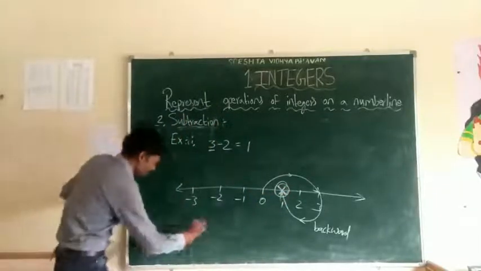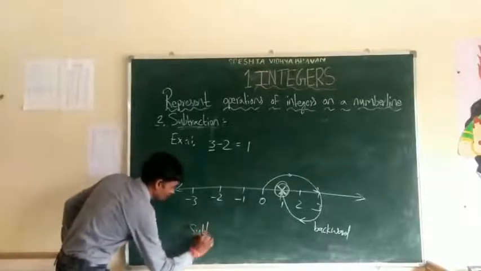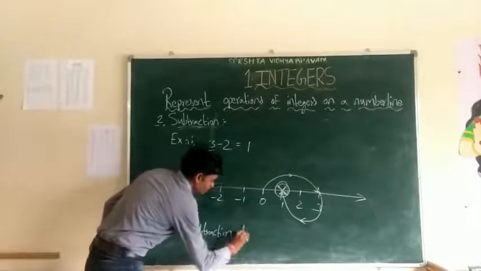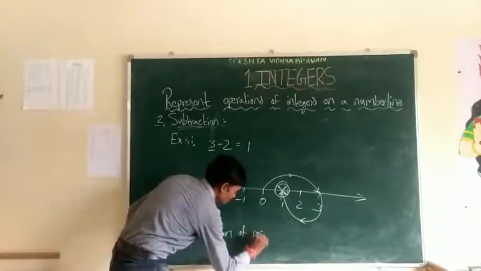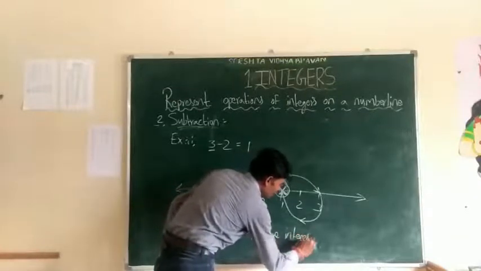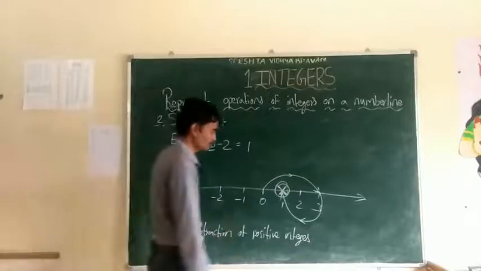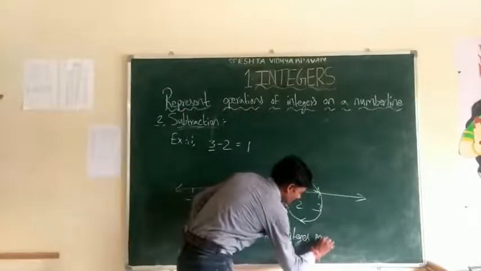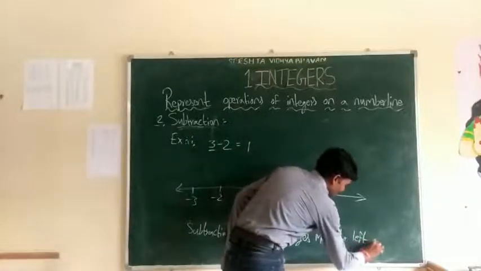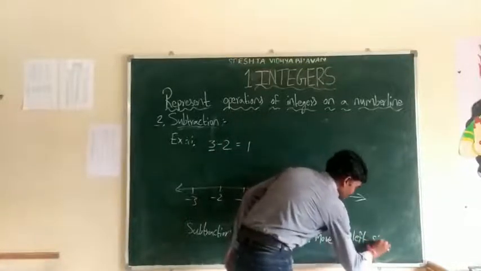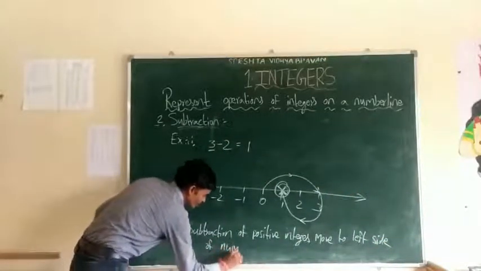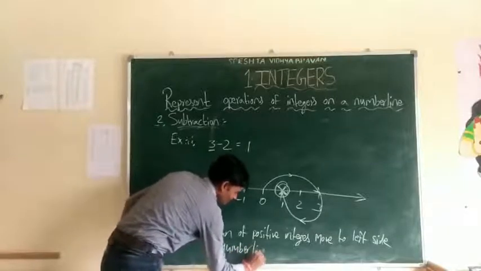Like that, in the subtraction of positive integers, move to the left side of the number line.